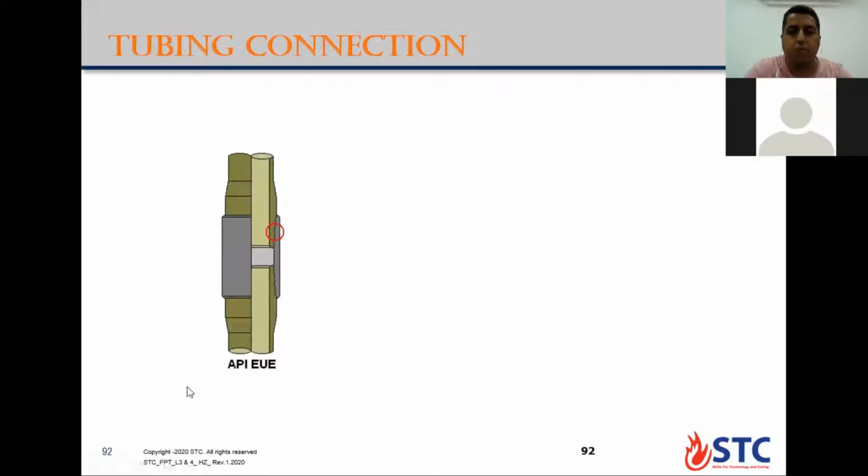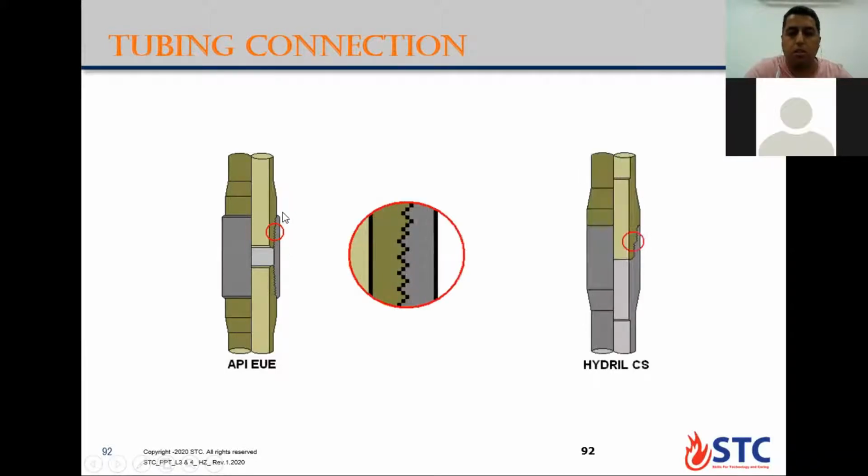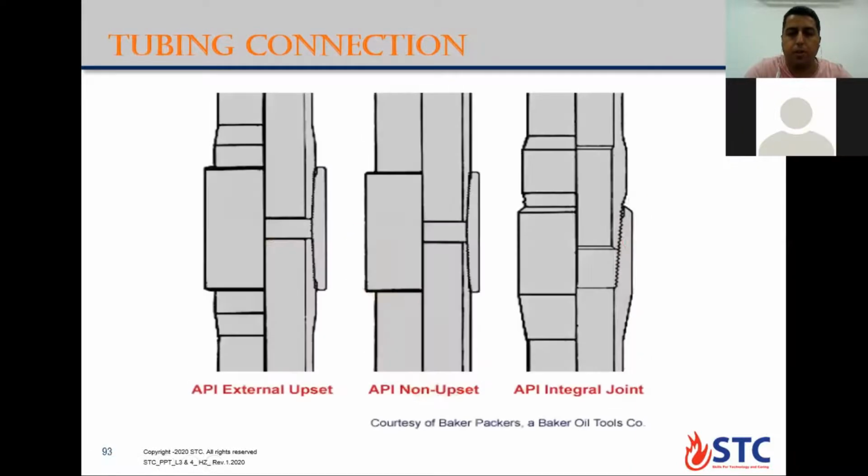This is the type for API EUE connection, the offset connection, and this is the Hydril. You have 2 seal areas in the Hydril tubing. This is the external offset of API EUE.